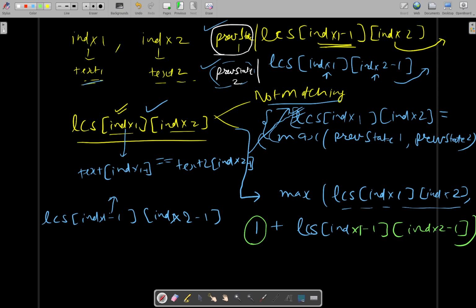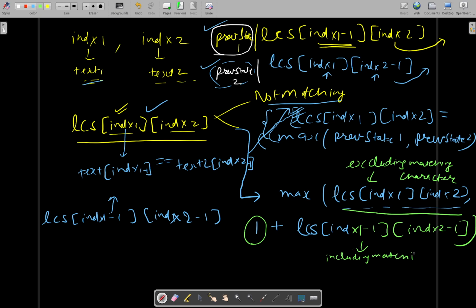So we will be taking the maximum of these two operations. Either you will be including the matching character or excluding the matching character. This is excluding the matching character, and this one is including the matching character in LCS.